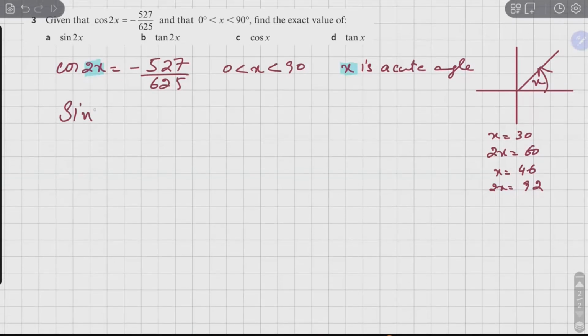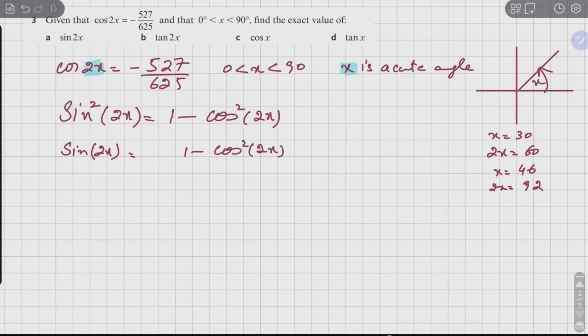This is sine square of the angle which is equal to 1 minus cos square of the angle. सही हो गया. अच्छा, this is sine 2x. When I take the square root, then I'll be getting the value of sine 2x.